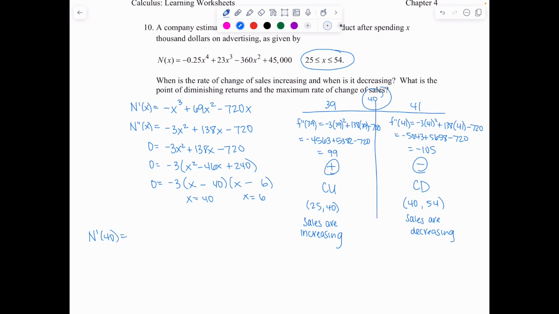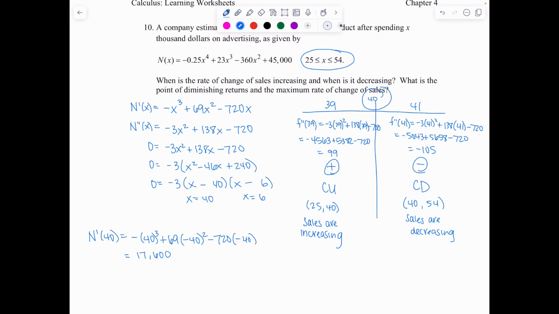So if we plug that into our first derivative, we'll have negative 40 cubed plus 69 times negative 40 squared minus 720 times negative 40. Multiplying all of that out, we'll get 17,600.